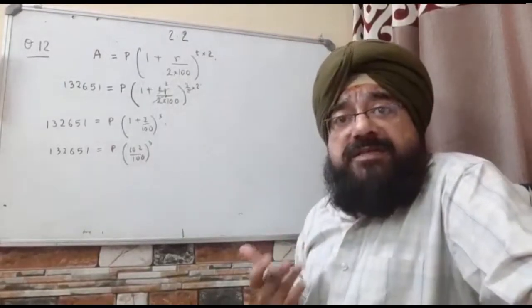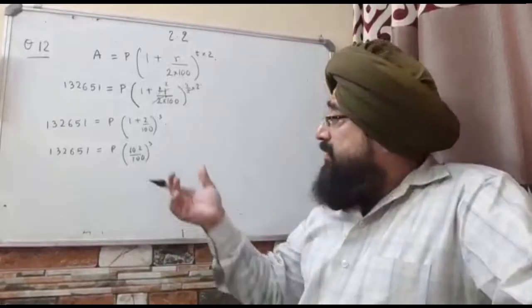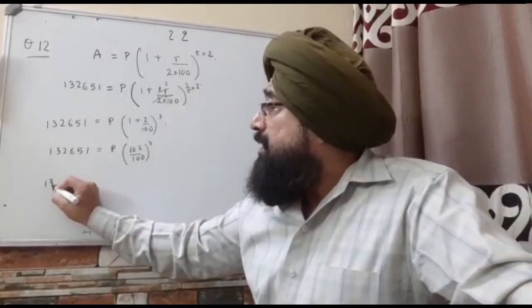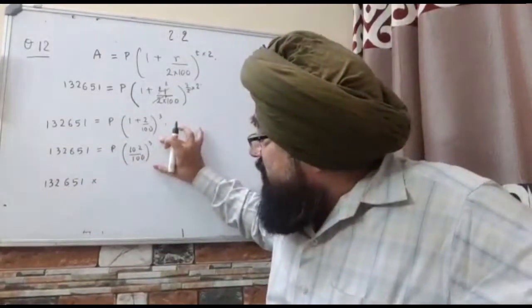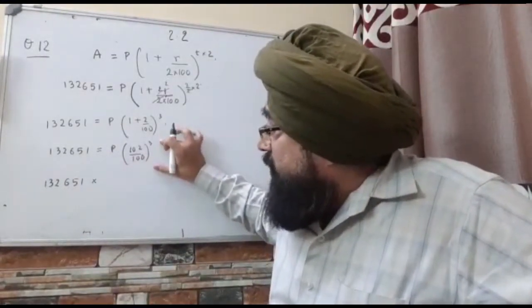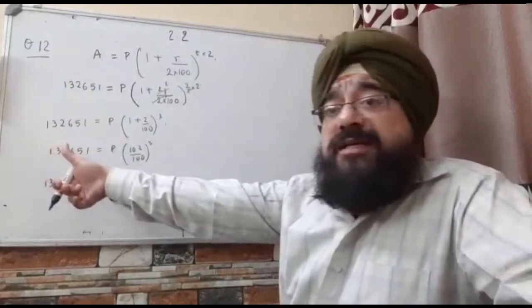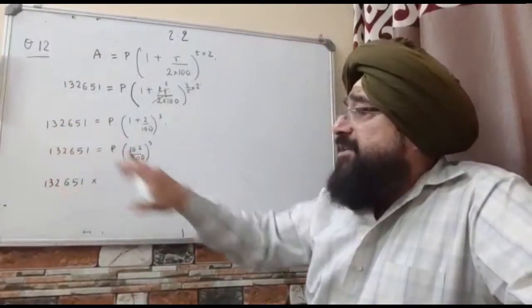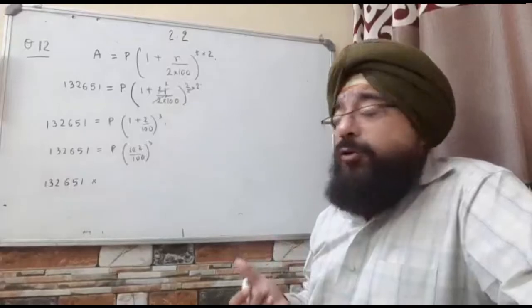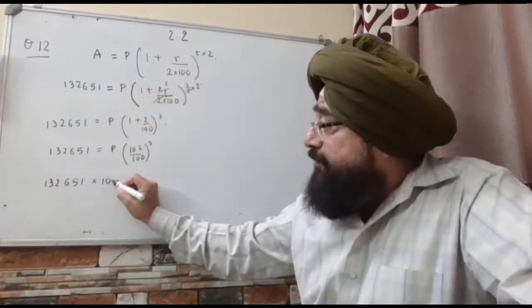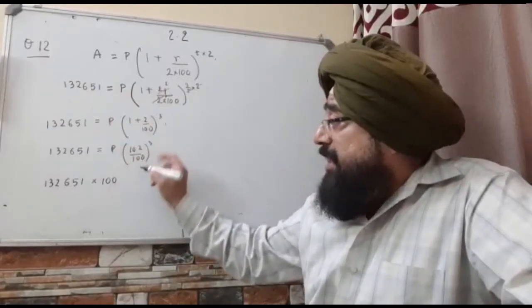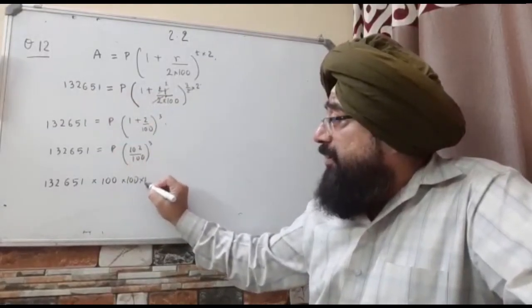Now our obvious step is, as in the previous question I was telling you, that 132651 and this entire thing which is multiplied with P will be cross multiplied on the other side. So make P the subject of the formula. To make P alone, whatever is divided this side goes on the other side and multiplies. Because it's 100 power 3, so 100 into 100 into 100.